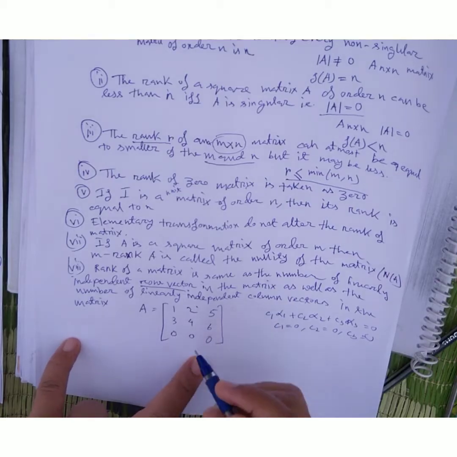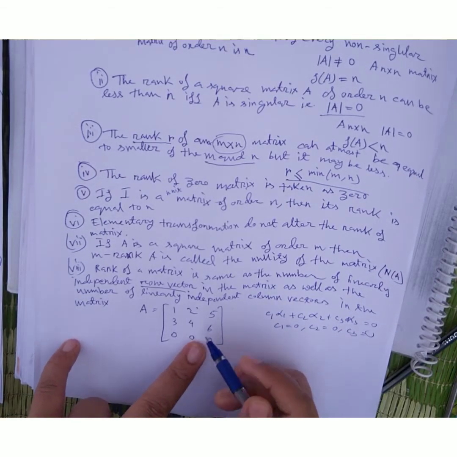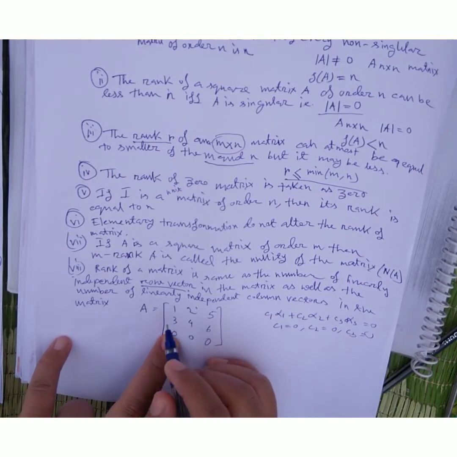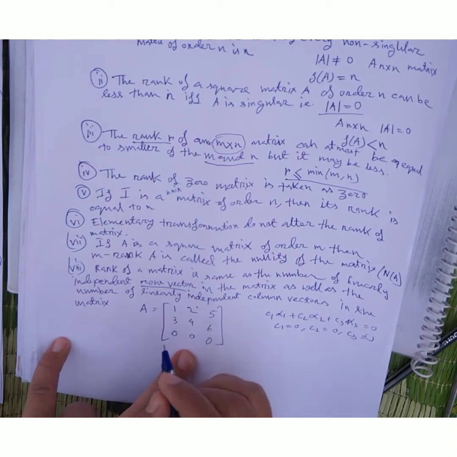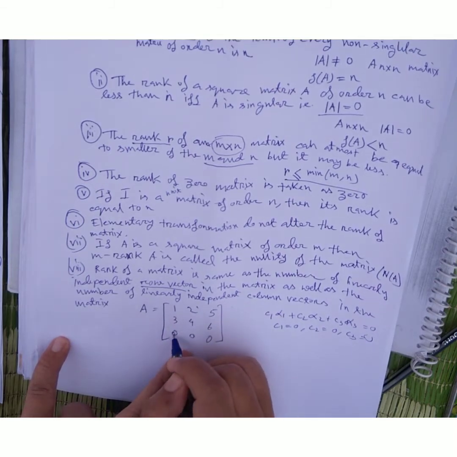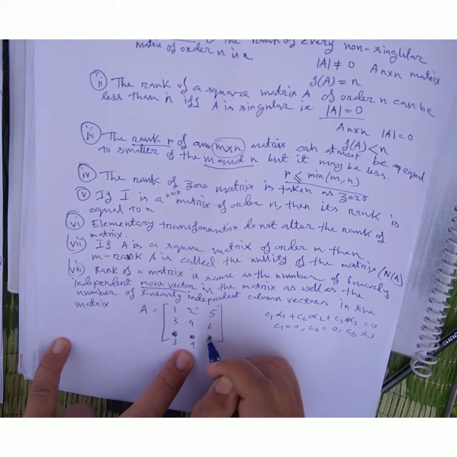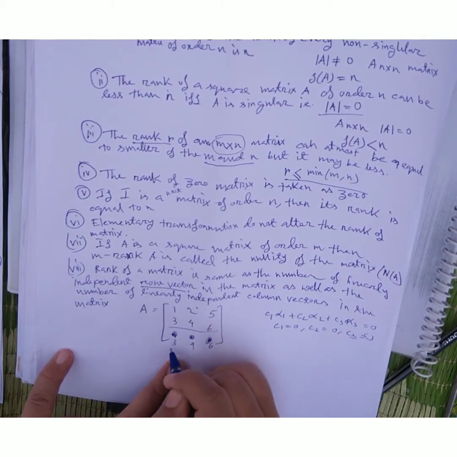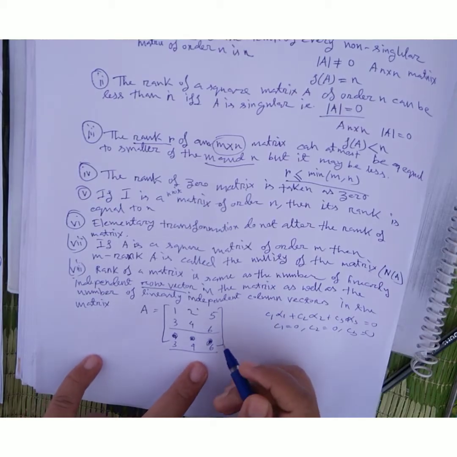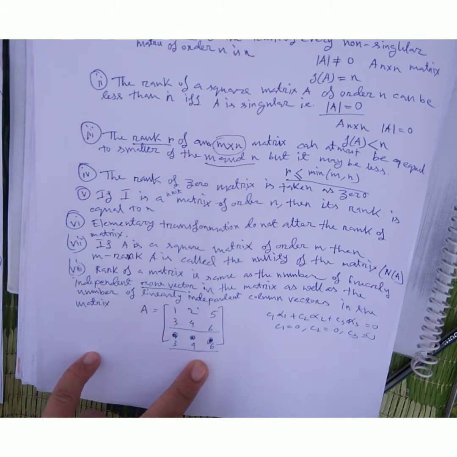Here, if rows are identical, they are linearly dependent.